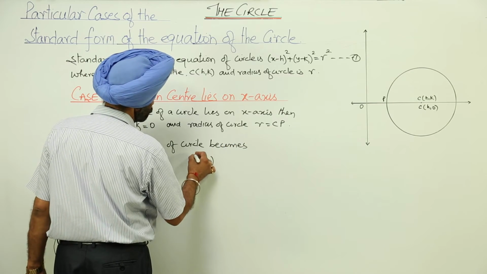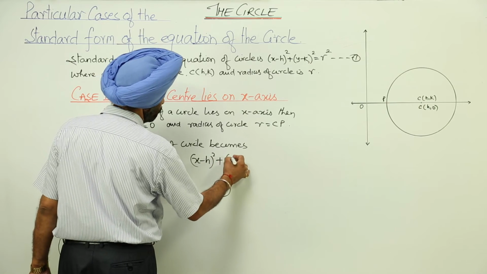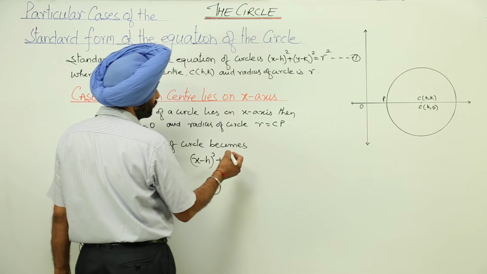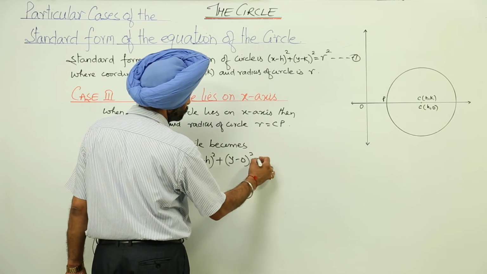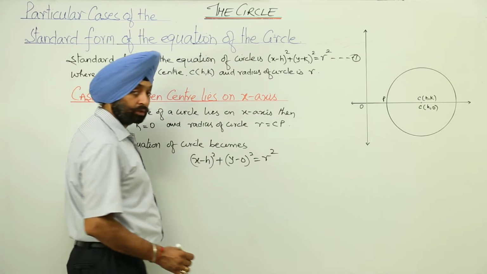x minus h whole square plus, now we are having k as a 0, y minus 0 whole square is equal to r square.